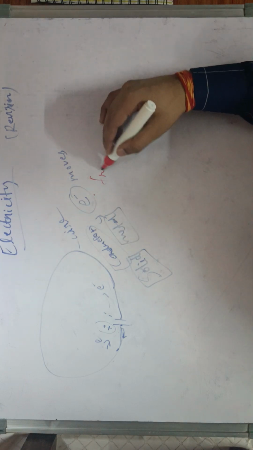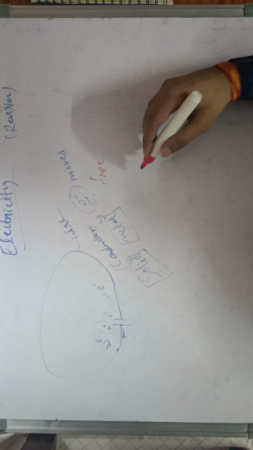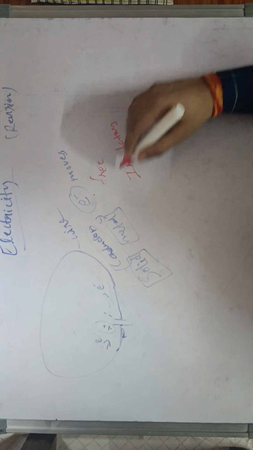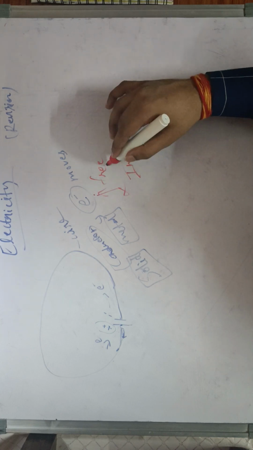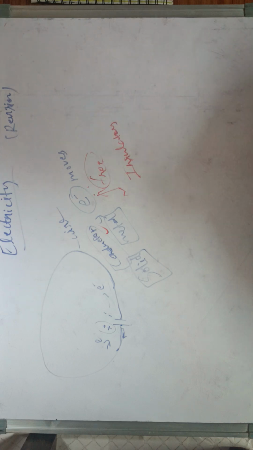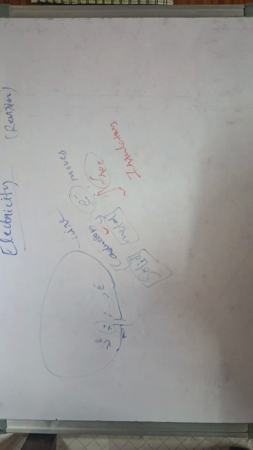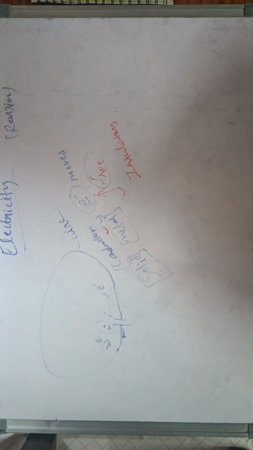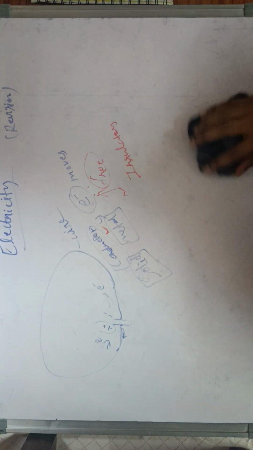Conductors have free electrons which can move and produce current, while insulators don't have free electrons. These free electrons can be easily forced to move by applying some electric field.